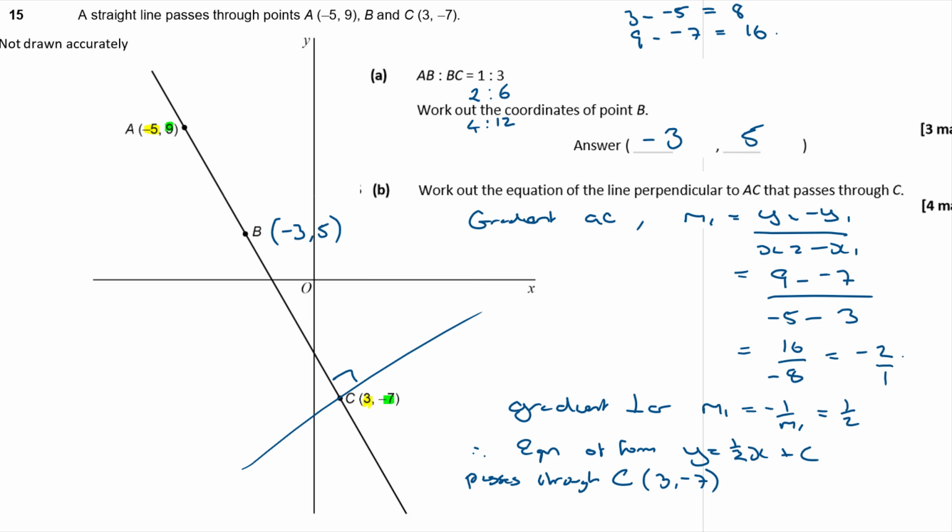So y is going to be minus 7 equals a half of x, which is 3, plus c. So half of 3 is 1.5. Taking that away from both sides, I'm going to get c is minus 8.5, aren't I? So the equation of my line is y equals a half x minus 8.5.